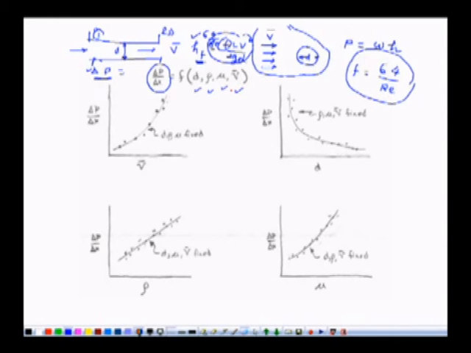So, suppose we want to know the relationship between del P over del X and velocity. For that, we have to keep diameter, density and viscosity constant, and we have to conduct experiments with del P over del X on one axis and V on another axis, and keeping the other variables, diameter, density and viscosity, constant, we will plot.